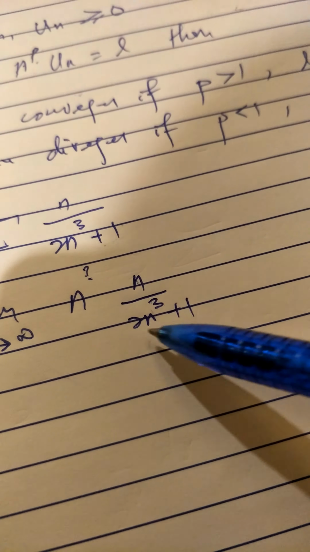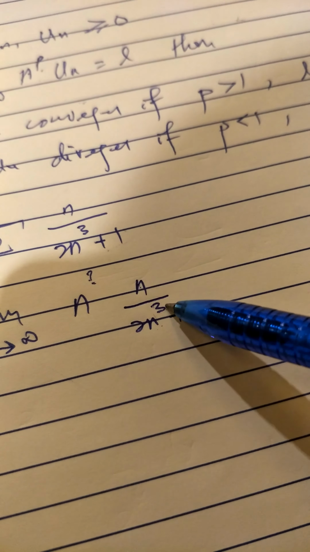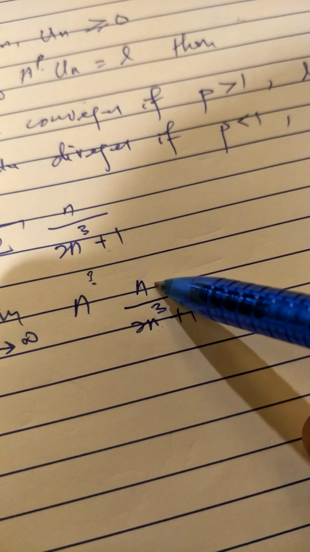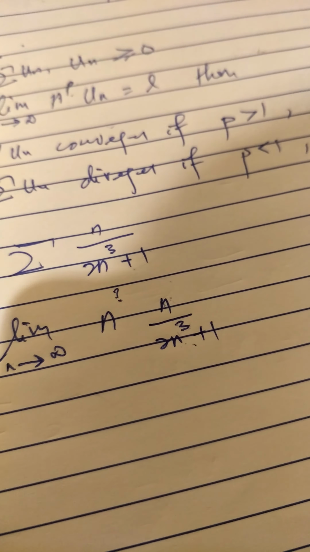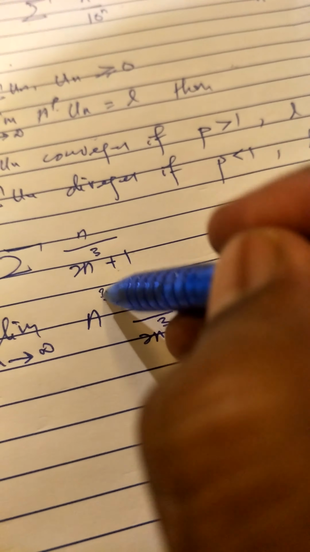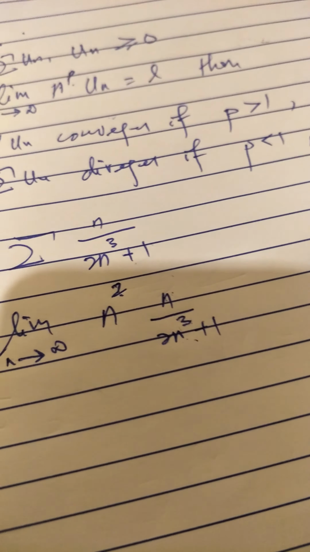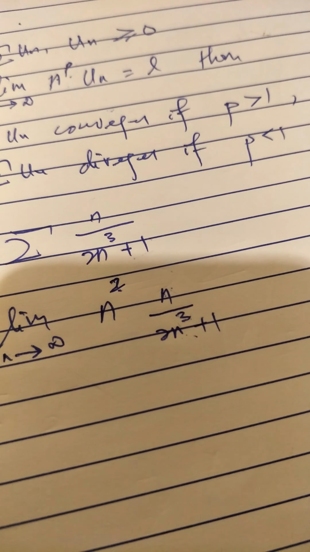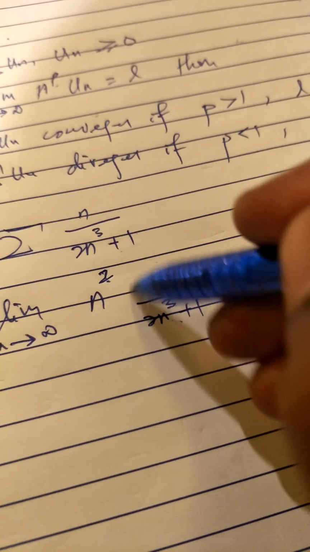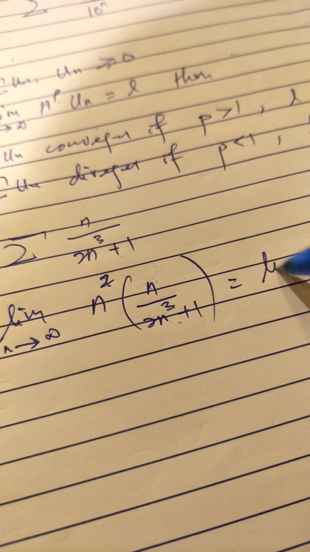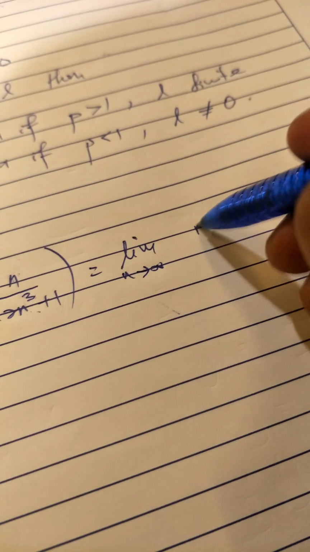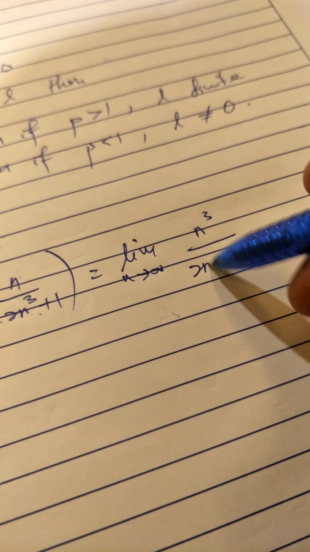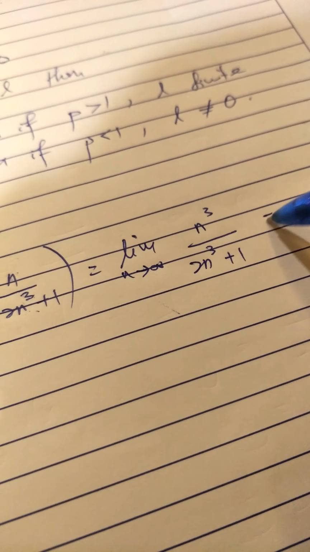Looking at the denominator, the highest power is 3, so if we have n to the power of 3 here, we can cancel it out and take the limit easily. So we choose p equal to 2. If you simplify, the limit as n goes to infinity of n cubed over 2n cubed plus 1 gives you half.